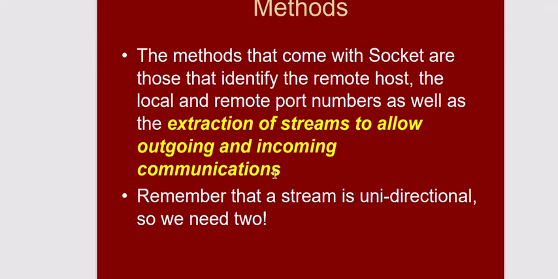And again, just to remind you, a stream is a unidirectional entry point onto a communication channel like the internet or a wireless connection or whatever. So we need two of them because what we're looking for is duplex communications, two-way communication. So we need two streams to enable us to do that.